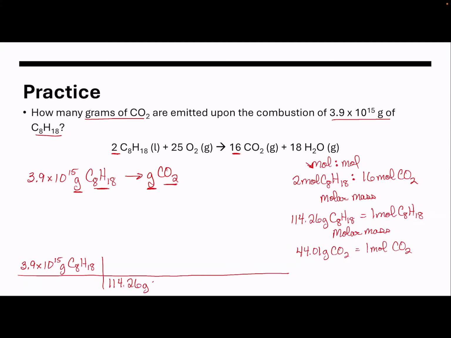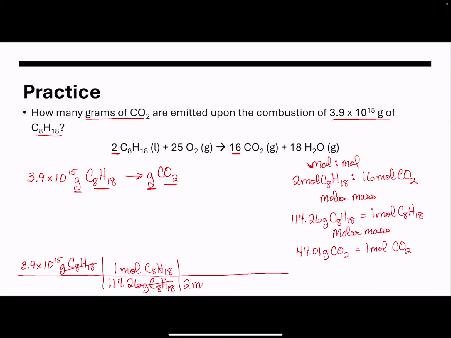Of that molar mass, the gram portion is going to go in the denominator with the mole portion in the numerator. The gram portion went in the denominator so that the unit and the substance would cancel out, leaving me moles of C8H18. Now I can use the mole-to-mole ratio to convert between moles of C8H18 and moles of CO2.